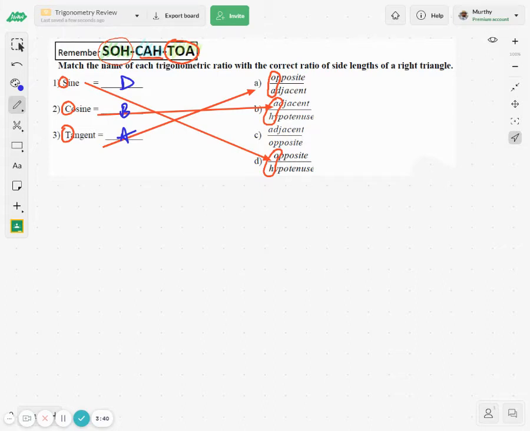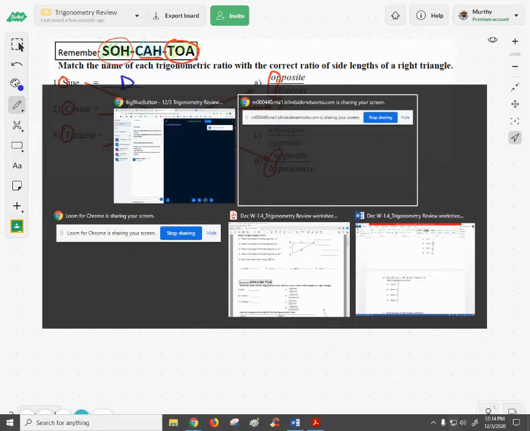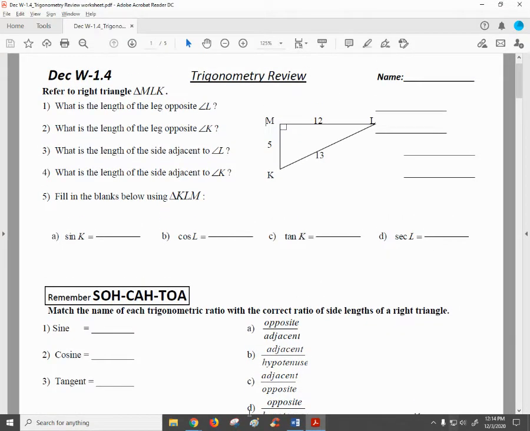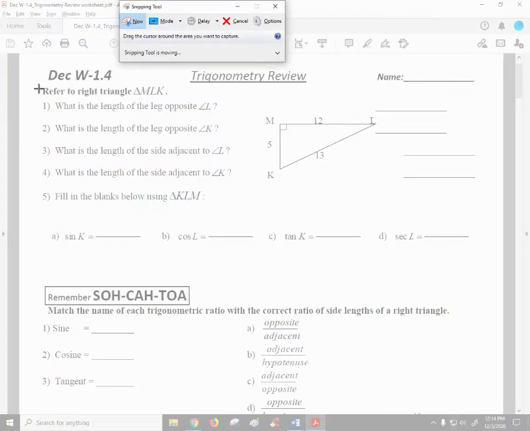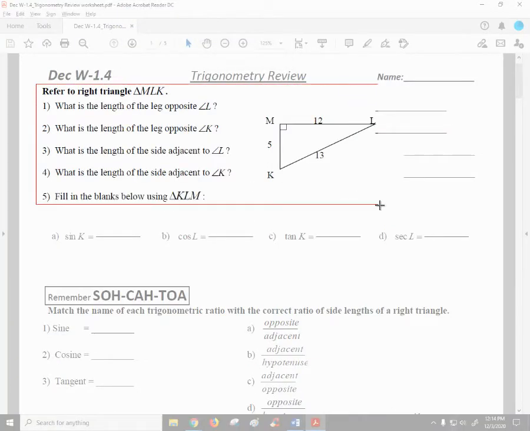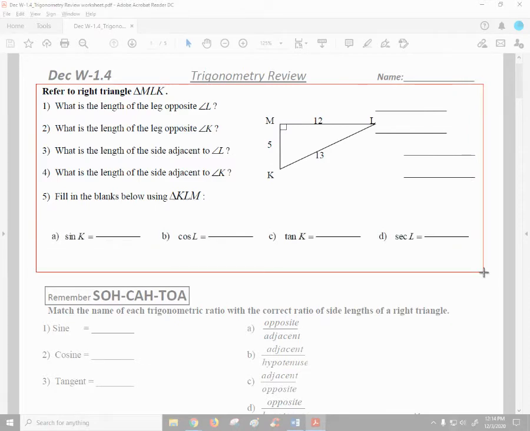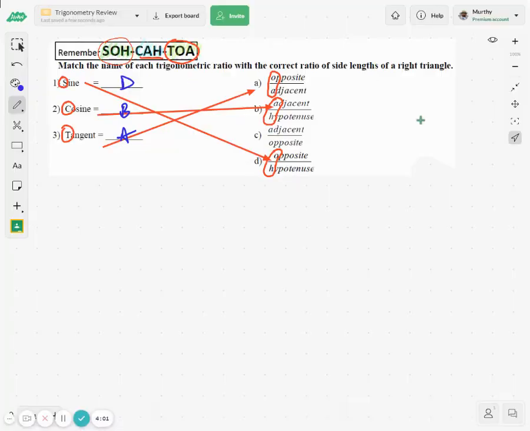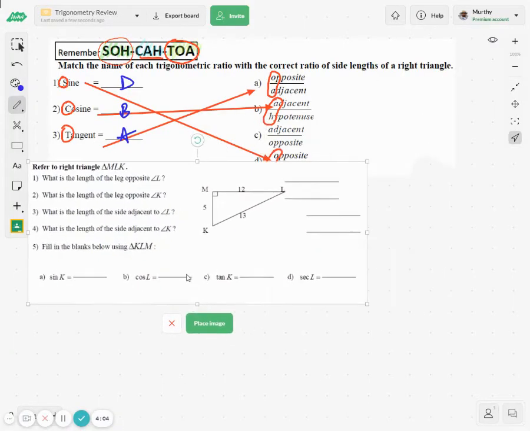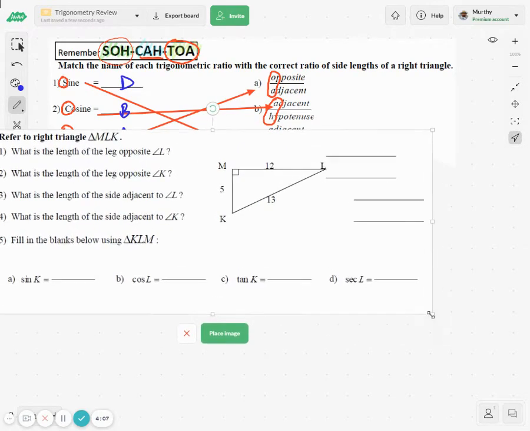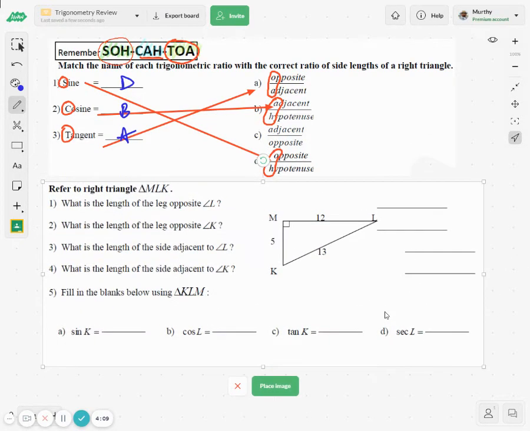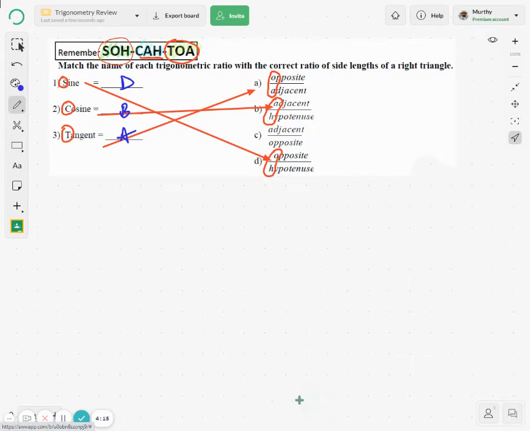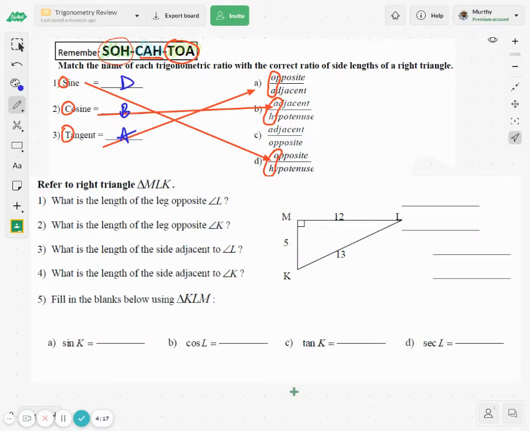One moment please. Let me copy this. All right.